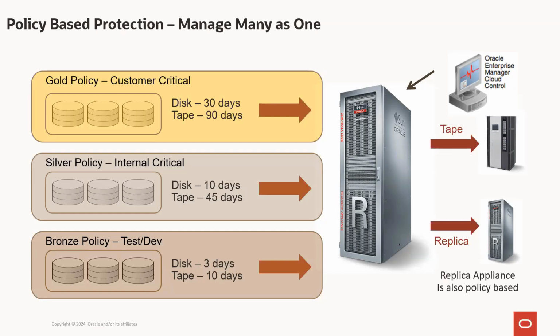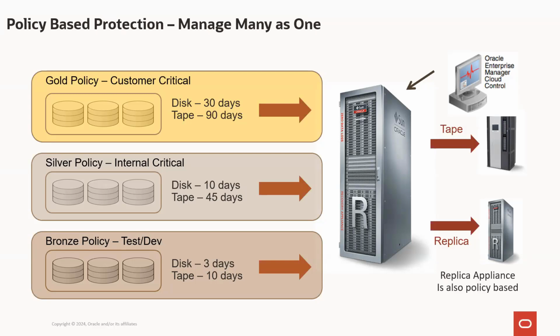And on the recovery appliance, you set the retention and what happens with replication and sending backups to other locations based on policy. So you'd create a policy for your critical databases, you add your databases that are critical to that policy, and then they inherit the characteristics of that policy.